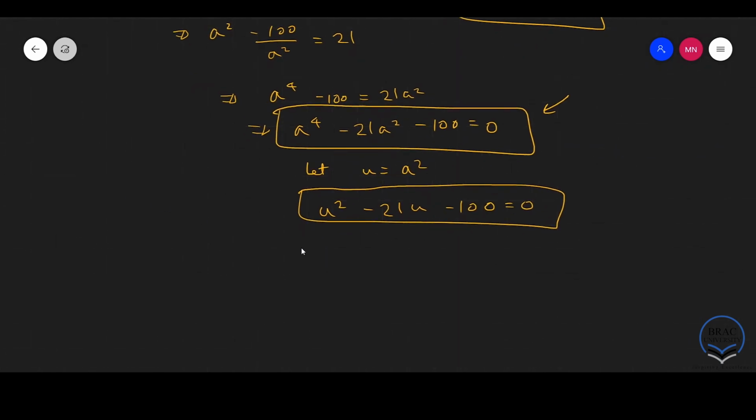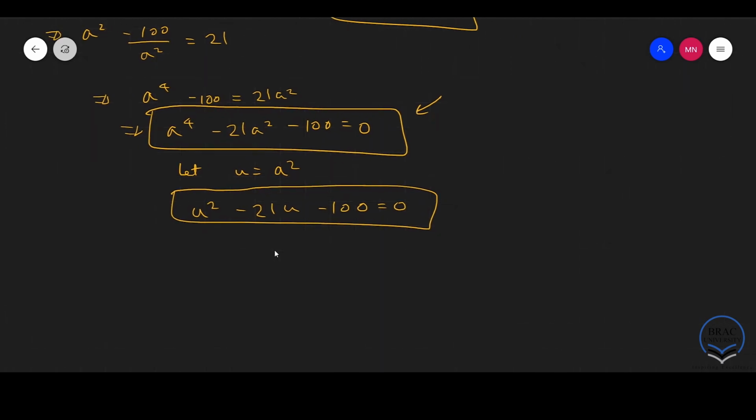So what can we do? We can find two numbers that if I multiply them, I will get minus 100, and if I add them, I will get minus 21. So what are those two numbers? I can consider minus 25 times 4, that gives me minus 100, and minus 25 plus 4 gives me minus 21, right? So I will have (u minus 25) times (u plus 4) equal to 0.